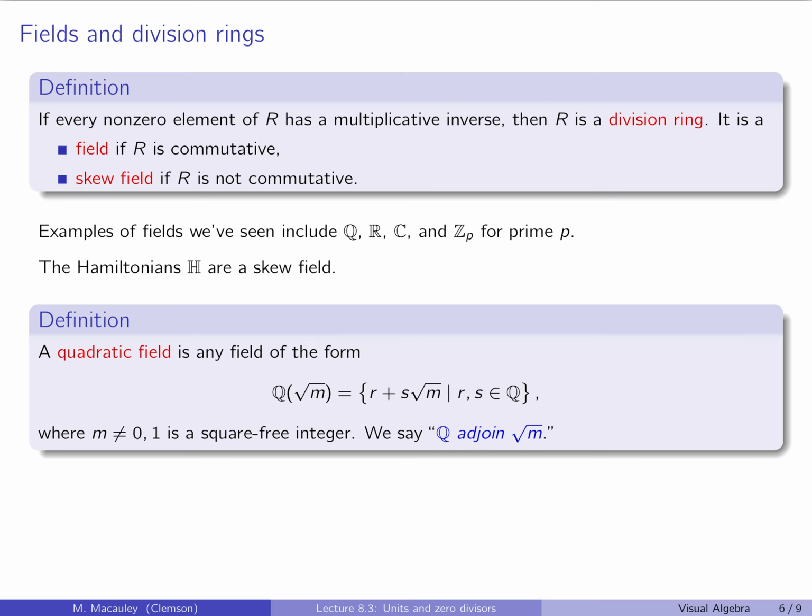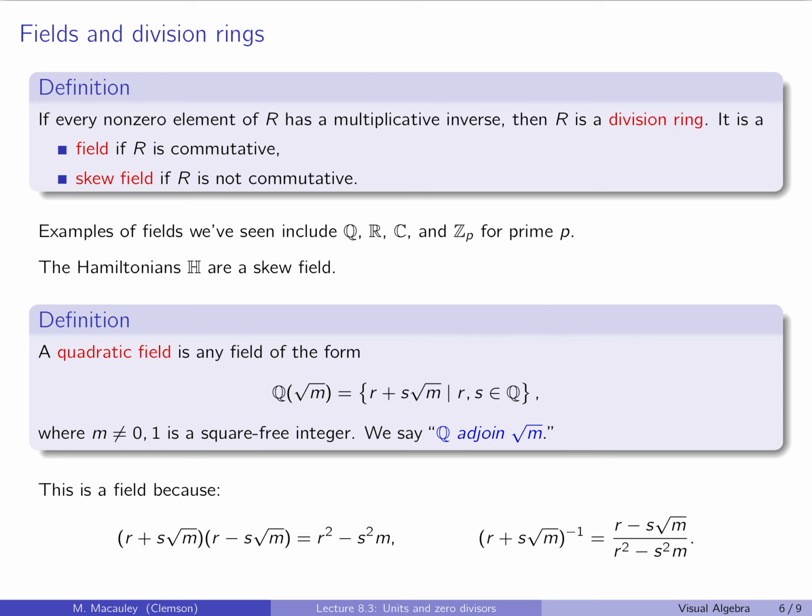And we can assume that m is not 0 and not 1, because otherwise, if it's 0, we just get the rationals, and if it's 1, we also get the rationals. And we can assume that m is a square-free integer, because if it's not, we can always just factor out a square. For example, root 8 we could just write as 2 root 2.